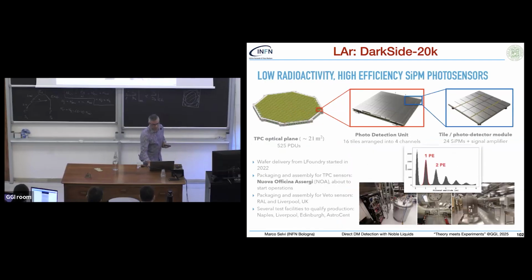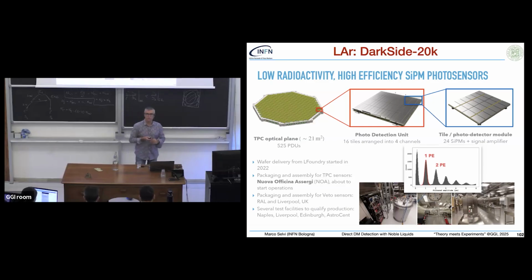The photosensors are another challenge because they changed from the PMTs, which are not so easy to use at the temperature of liquid argon, which is much colder than xenon. Plus, the silicon PMs, the new photosensors that they are using, are very good in terms of radioactivity. Plus, at the very low temperature of argon, they also have a quite good dark count rate.